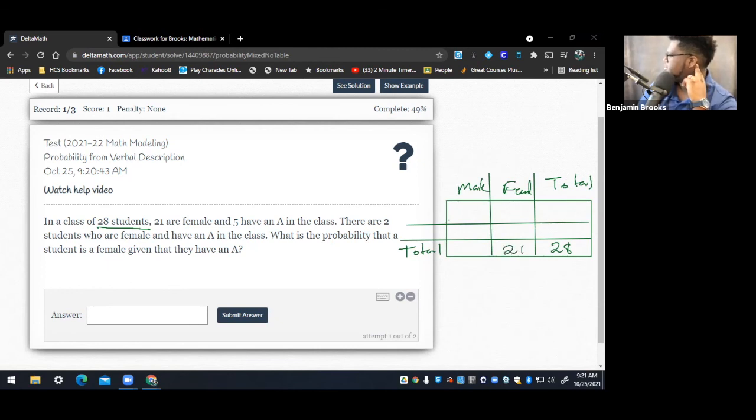There are 2 students who are female who have an A in the class. So A, or doesn't have an A. So 2 students are female and have an A in the class, that'd be right there. What is the probability that a student is female given that they have an A in the class?